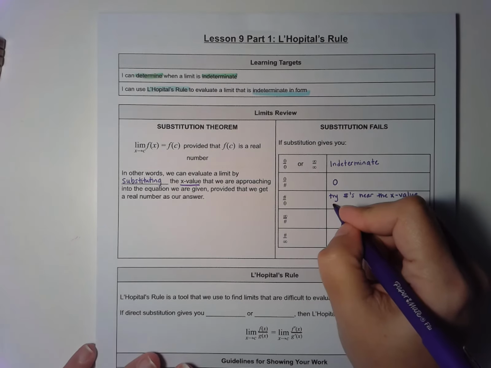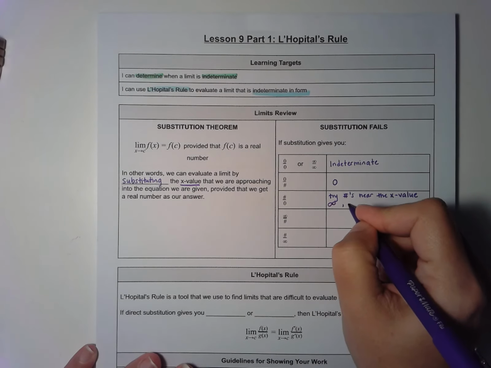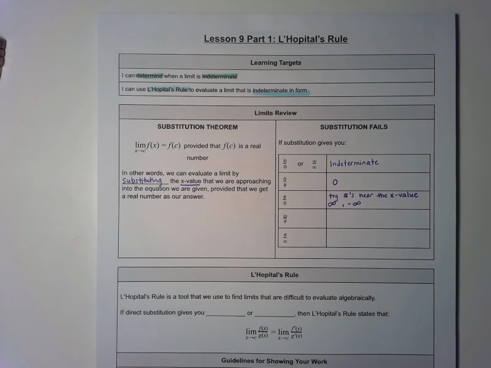So your answer is going to be either infinity or negative infinity, and we can figure out whether it's infinity or negative infinity by plugging in numbers close to our x value. For example, if x was supposed to be approaching 3, we said you could plug in like 3.0001, something close but a little bit bigger to see what's happening.